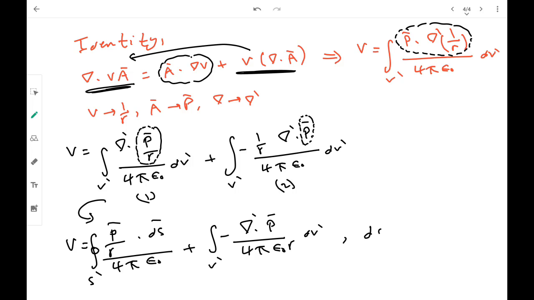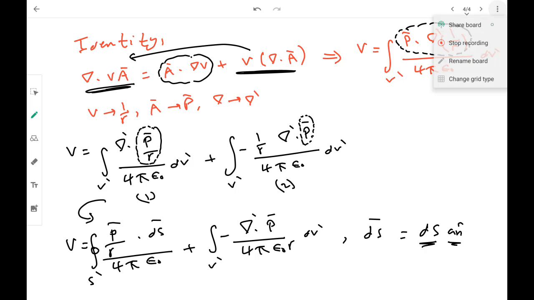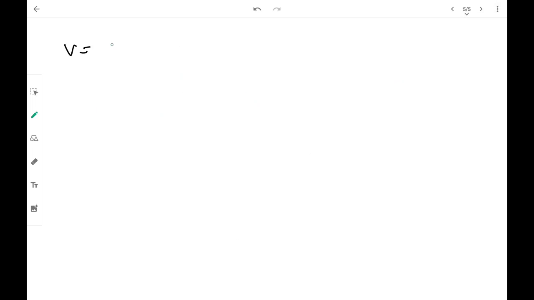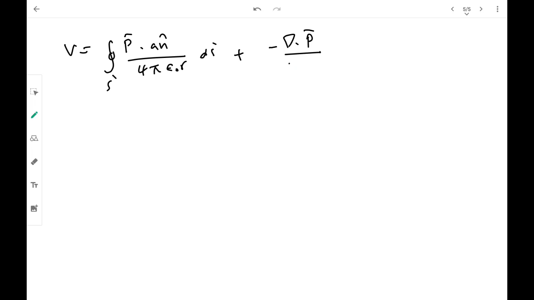And by replacing ds in the first integral by ds multiplied by A normal, since this is the definition of the normal surface area multiplied by the unit vector of the normal, the equation now becomes V equal P dot A normal over 4 by epsilon naught R ds dash integration over S dash plus minus divergence of P divided by 4 by epsilon naught R dV dash integration over V dash.